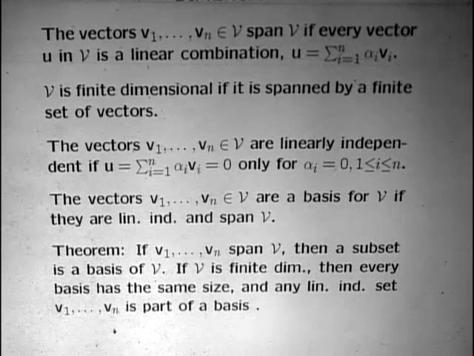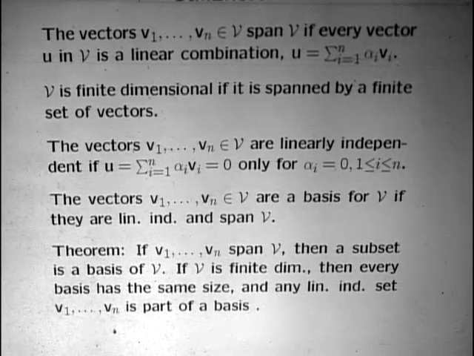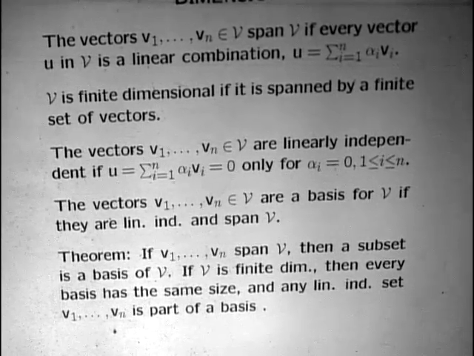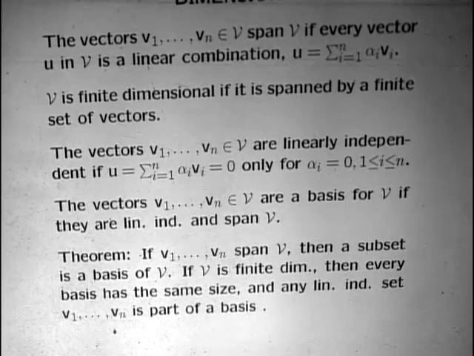And then the theorem, which I'm not going to prove, but it's a standard theorem 1 of any linear algebra book. Well, it's probably theorem 1, 2, 3, and 4 all put together.